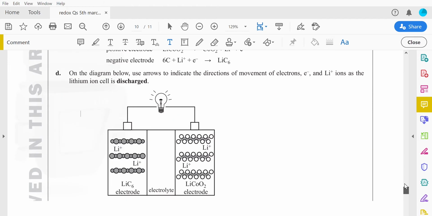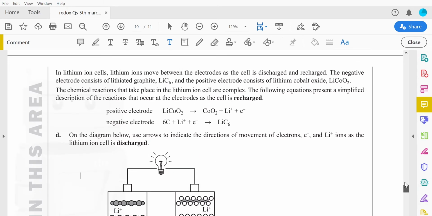In the diagram below, use arrows to indicate the direction of movements of electrons and lithium ions as the lithium ion cell is discharged. So we already kind of have covered the lithium ion cell a few times. Even if we hadn't done that, we could just say, okay, as it's being recharged, we have these two processes happening.